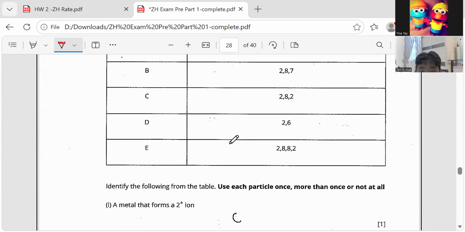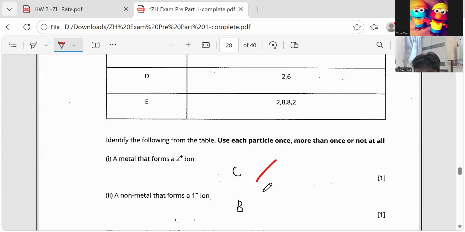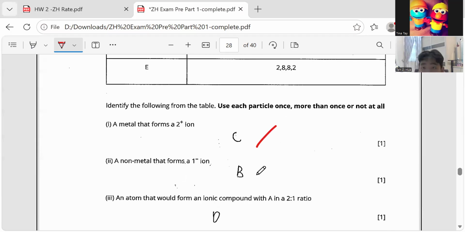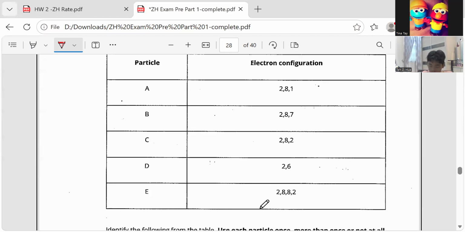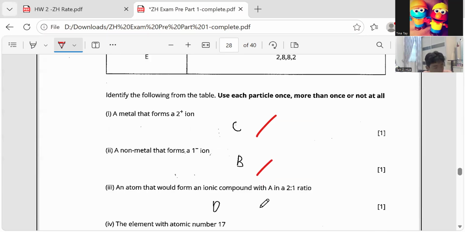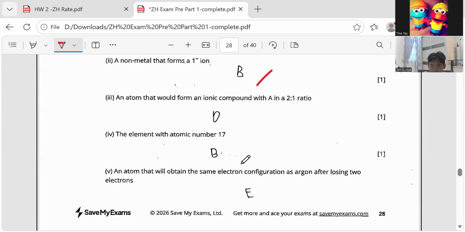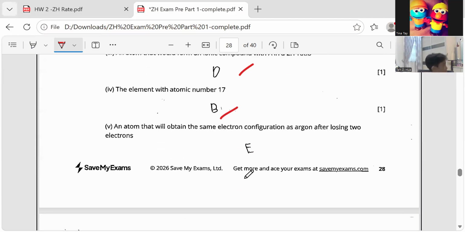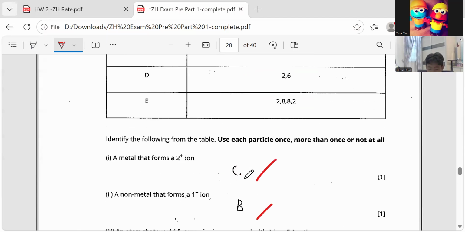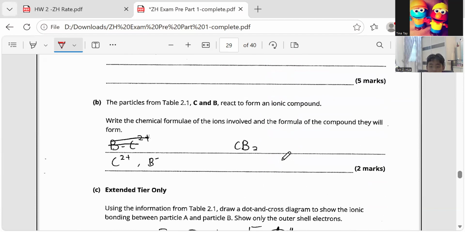Six. Okay, that's so good. Very good. Okay, this one very easy lah.